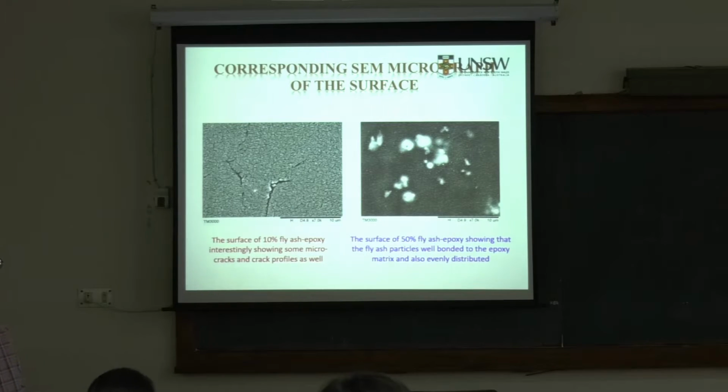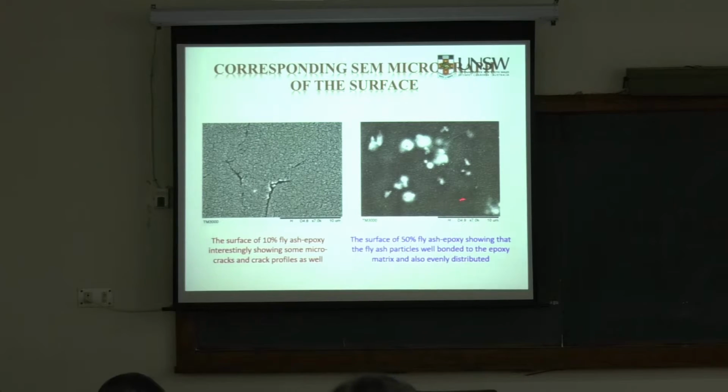Now the corresponding SEM microscopy of the surface. If you take a look at the fracture surfaces at higher magnification, the 10% fly ash epoxy shows some micro cracks and crack profiles, a small one. The surface of 50% fly ash shows that the particles are well bonded to the epoxy and also evenly distributed.